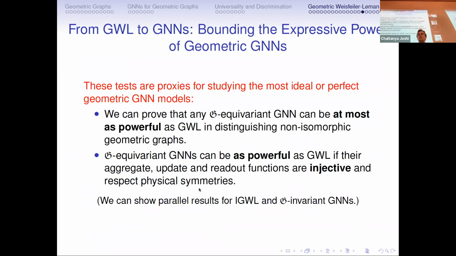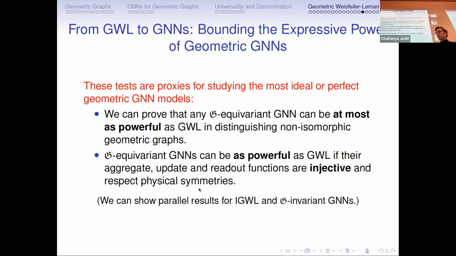Back to how we can use GWL to circle back to GNNs and what it can tell us about them, because this was somewhat of an excursion into an abstract mathematical tool. How can we use this now to study the GNNs that we care about? Well, GWL relies on two idealizations: one is the copy-paste passing on of the orientation information, the other is this idealized I-hash, which allows us to characterize any local atomic neighborhood.